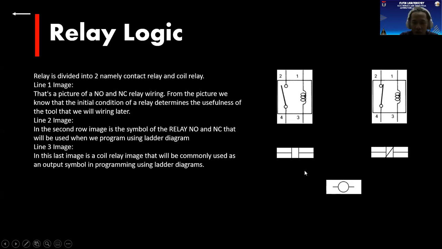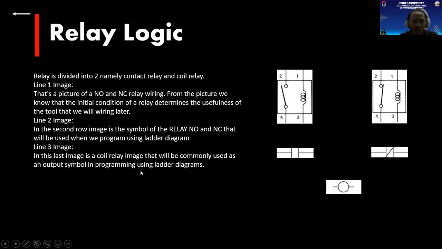The symbol is NO and NC, and the difference is like a strip. The NO first condition is not connected; if NC, they're connected.